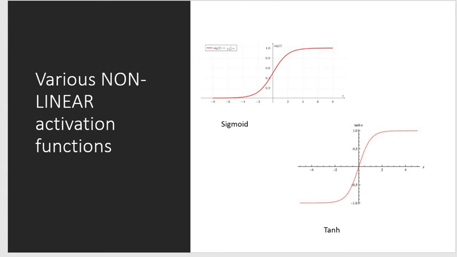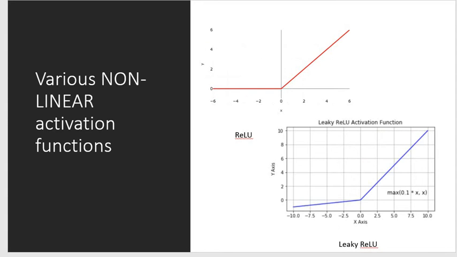Now, let's move to the next activation function. The most important and the most widely used activation function nowadays is the ReLU function. By ReLU, I mean the rectified linear unit.